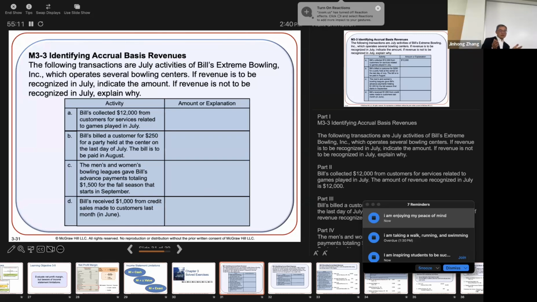Unearned revenue, or whatever you call advance. And then Bill's received $1,000 from credit sales made to customers last month. When it happened, it was a receivable, right? Credit sale. Now you reduce the receivable. You increase cash, reduce receivable.